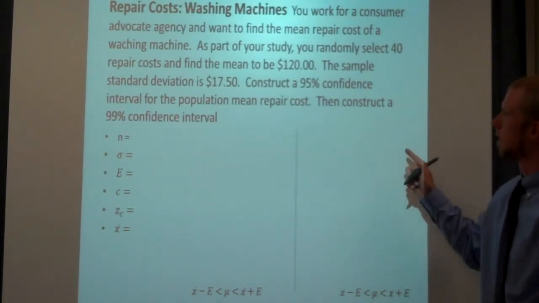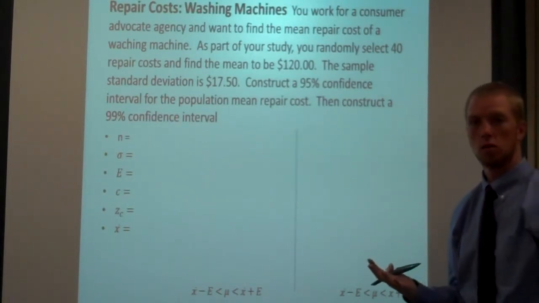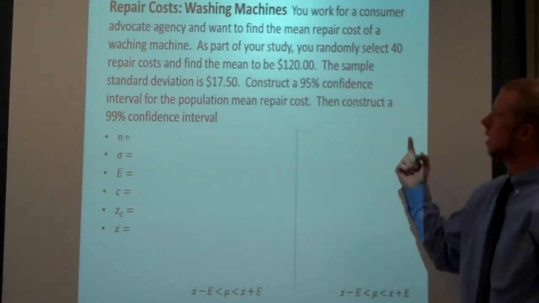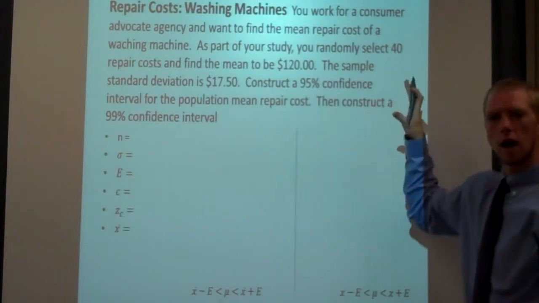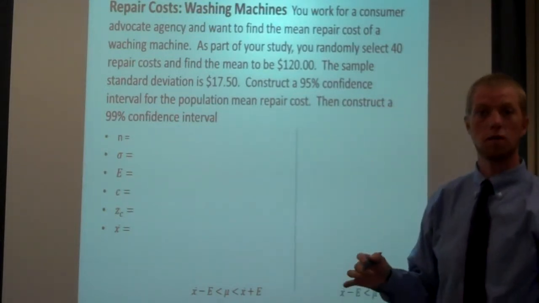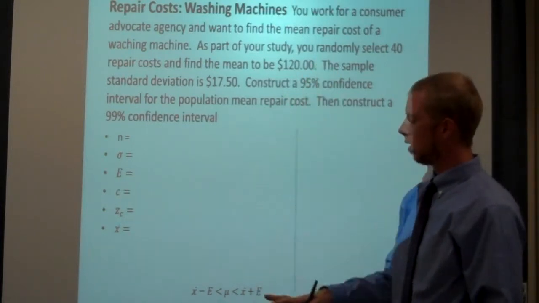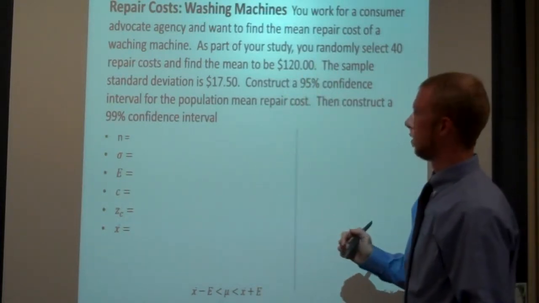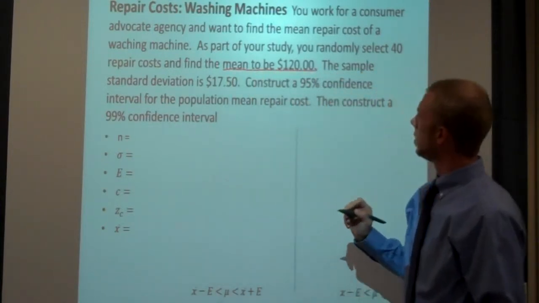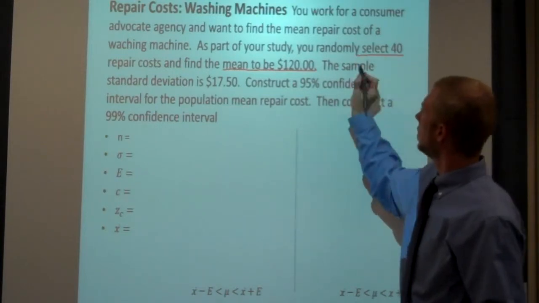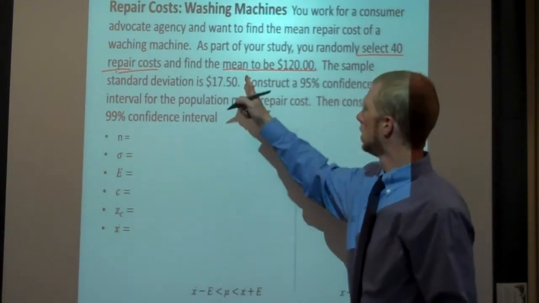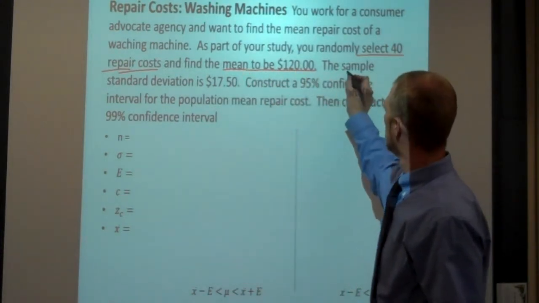Alright, now let's look at a problem. We have a problem where we're looking at repair costs of washing machines. We work for a consumer advocate agency, and we're trying to find the repair costs that we can talk about. So let's look through the problem and identify what our numbers are and what variable they represent. I randomly selected 40 repair costs. The mean was 120.